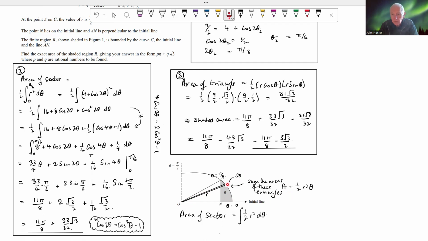And the area of those triangles is going to be a half r squared theta. So that is just the area of a sector, isn't it? Half r squared theta. On the diagram, the two sides are probably slightly different lengths, but in the limit, as delta theta approaches 0, those two lengths are the same. So that's where we got that derivation from.